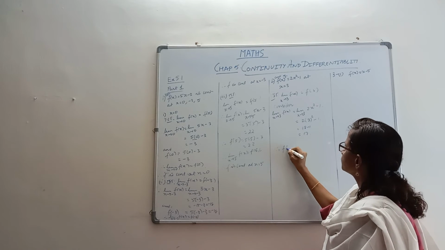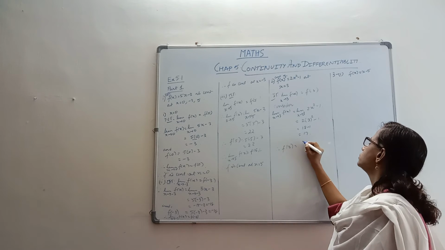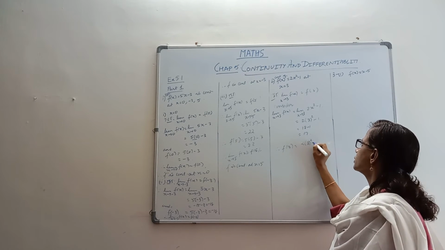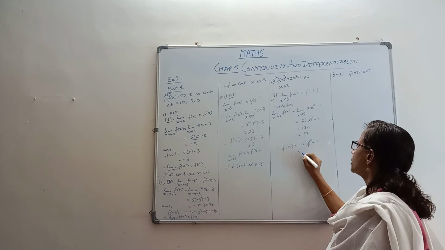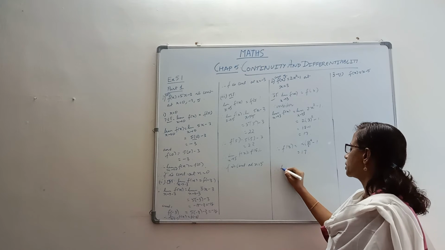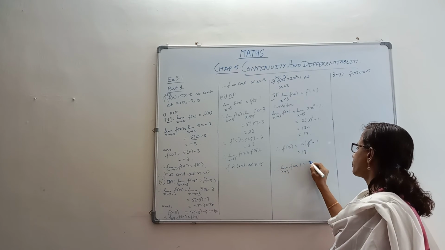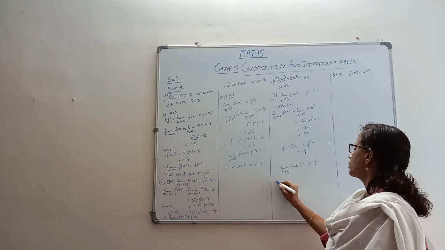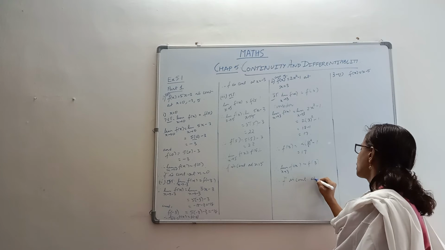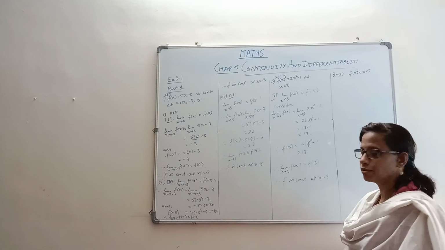Now f of 3: in the function, wherever x comes, there you put 3. 3 threes are 9, 9 into 2 is 18, minus 1, 17. Therefore, limit as x tends to 3 f of x is f of 3. Therefore, f is continuous at x equal to 3. That's about the continuity of this.